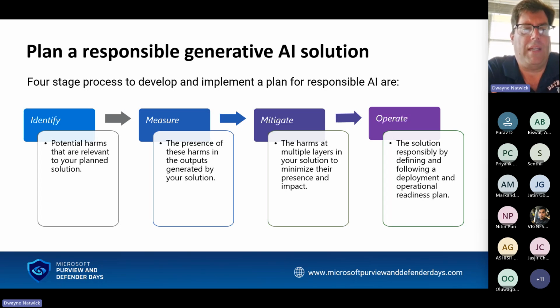We need to identify, again, and understand the potential harms. This goes back to transparency, and even the pillars of responsible AI are all triggered or aligned within here, because we want to understand where might there be bias, where might there be security and privacy concerns, where might we need to be compliant with, say, GDPR and things of that nature.